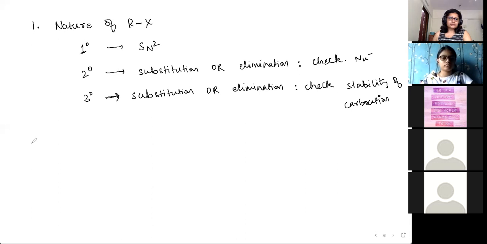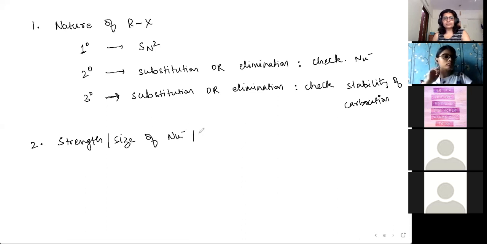Then once you've checked the nature of Rx, you've got an idea of what might happen. Then look at the strength or the size of the nucleophile or whatever base you're using.